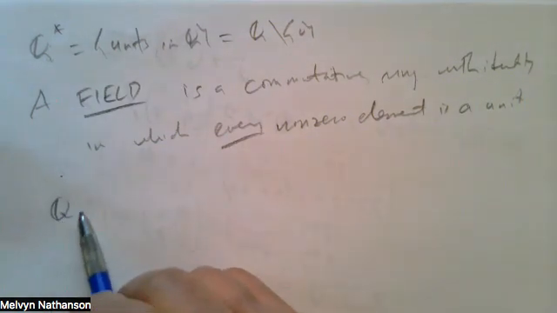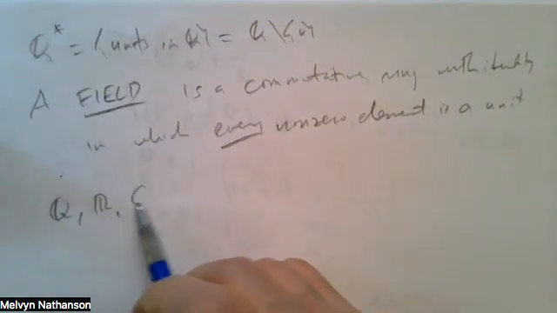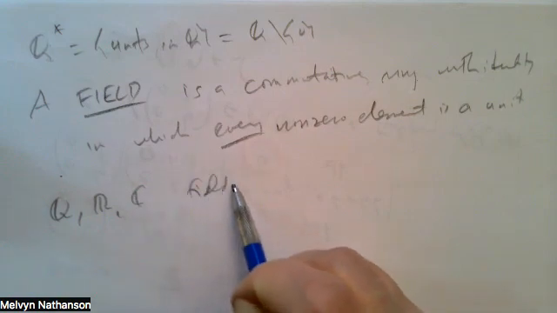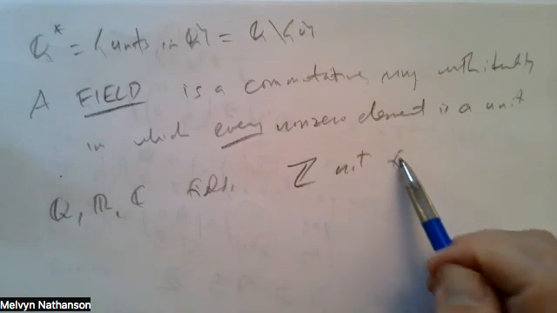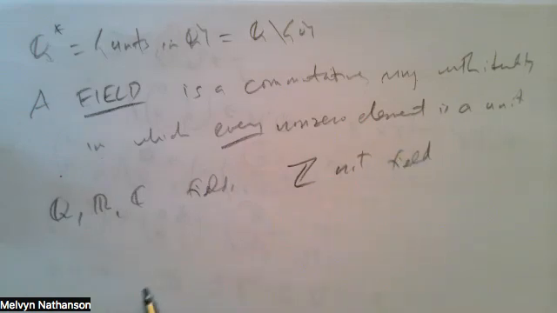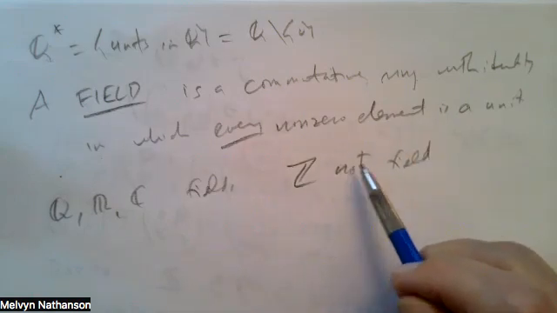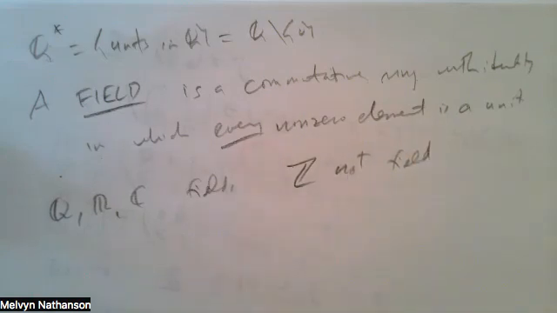So Q, R, C, these are fields. Z is not a field because not every element has an inverse. There's no inverse of 2, because 1/2, which is the inverse of 2 in the rationals, a half, is not an integer. So these are fields. Fields are very nice.